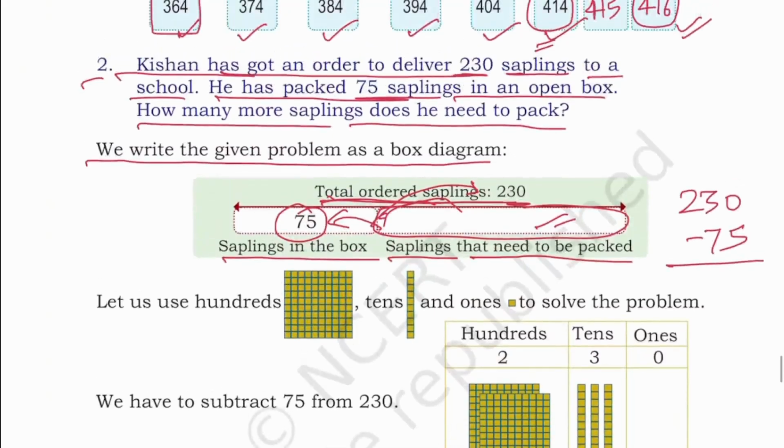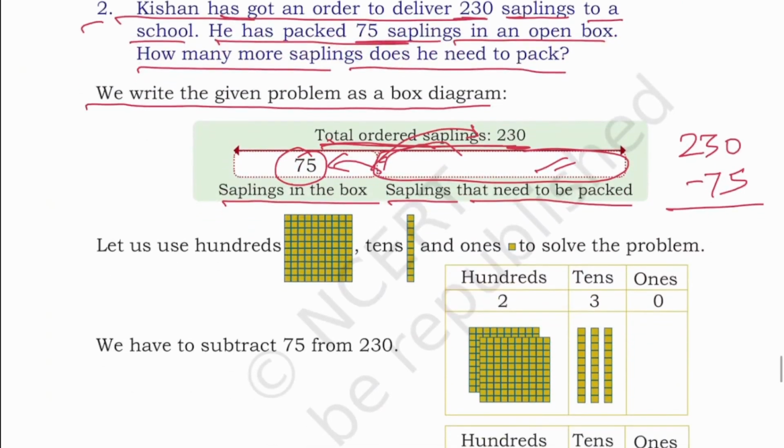This is the easiest method of adding. Similarly, if you adopt this technique and subtract 75 from 230, 0 becomes 10, and 3 becomes 2 once 1 is taken from here. When we subtract in the units place, 5 from 10, we get 5.